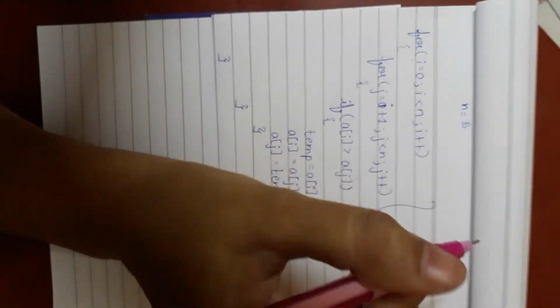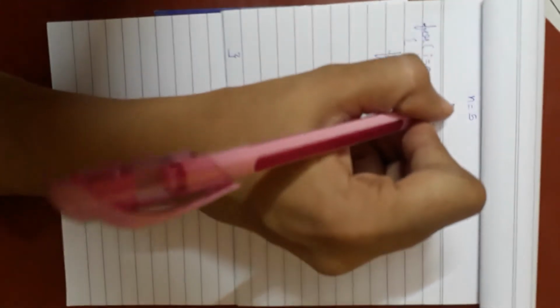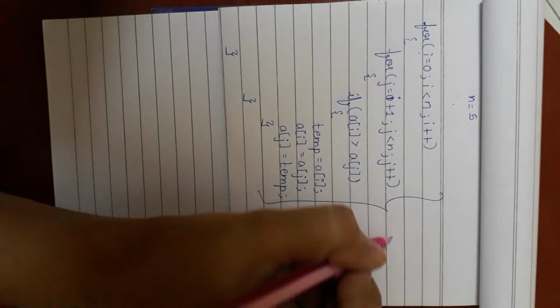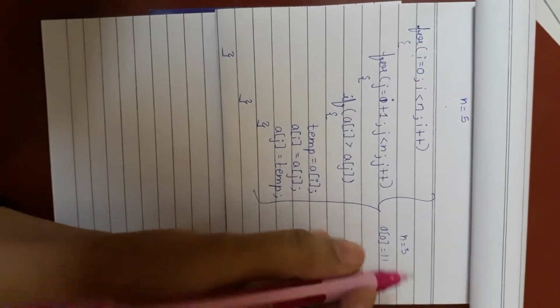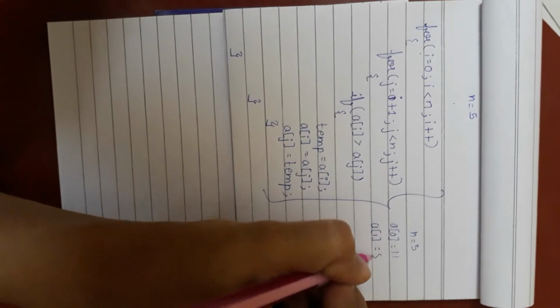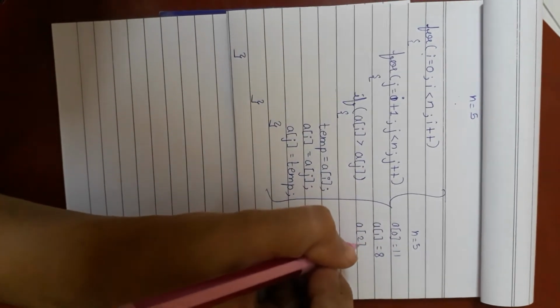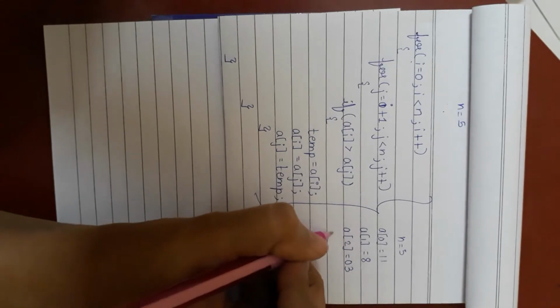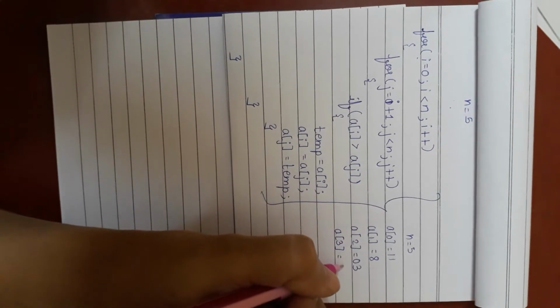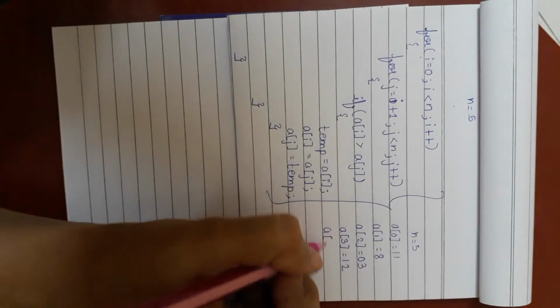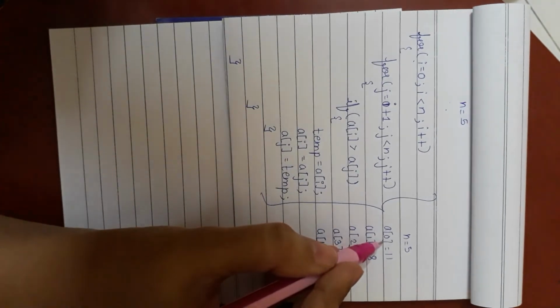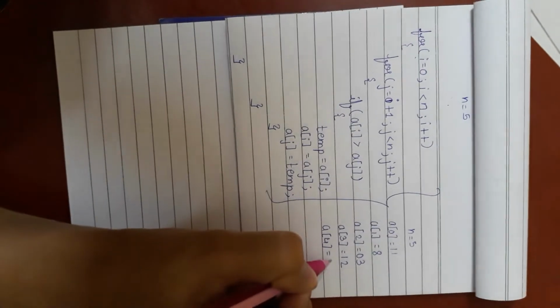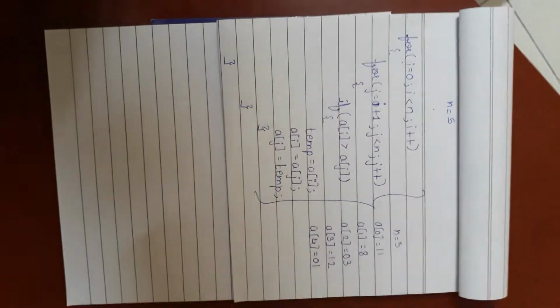This is my imagination: n equal to 5, and I am considering one array, which I am writing here. n is 5, and then array a of 0, suppose I have entered 11 as a value; a of 1, I have entered 8 as a value; then a of 2, I have entered suppose 03 as a value; then a of 3, I have entered 12; and after that a of 4, this is the last index. 5 elements means our array index always starts from 0 to 4, so there will be a total of 5 elements. So I am imagining a of 4 equal to 01.